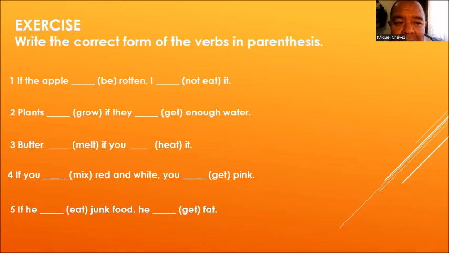Who can help us with number one? Remember, you have to use the simple present.